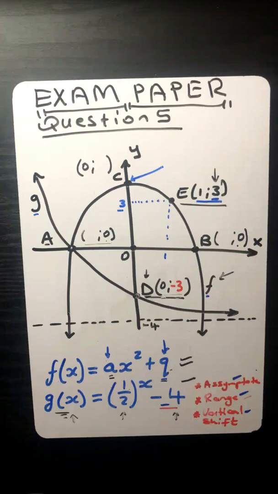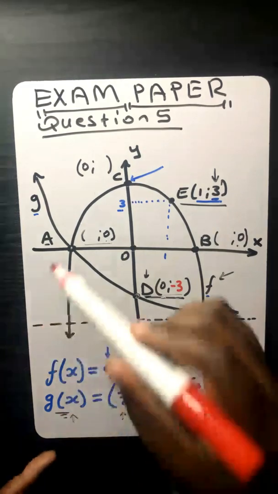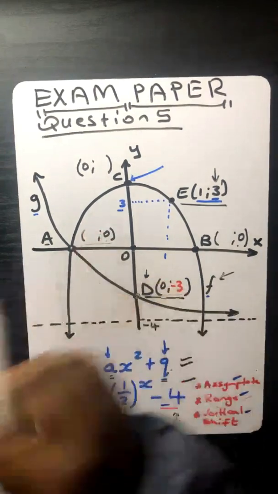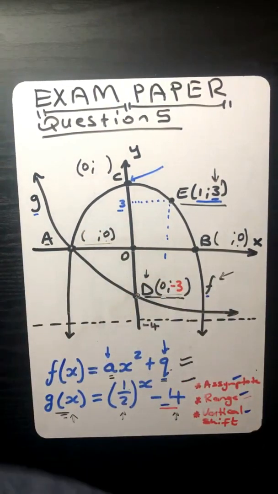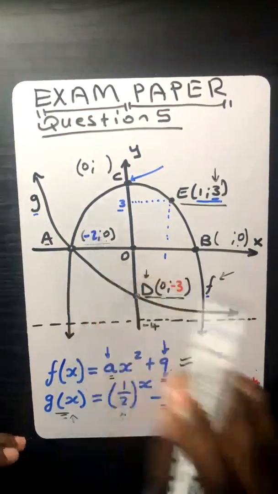And what are those points, if we know them? It's A and E. What is A there? Is it -2? I think that A was -2, guys. Yes, sir. You are right. So this is -2.